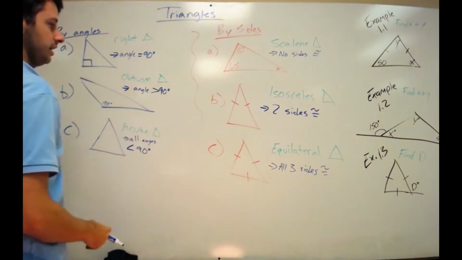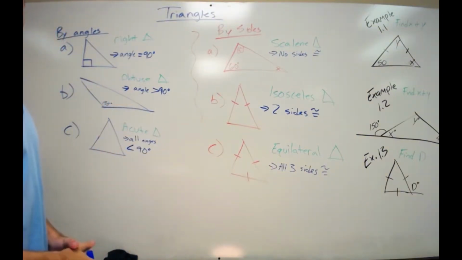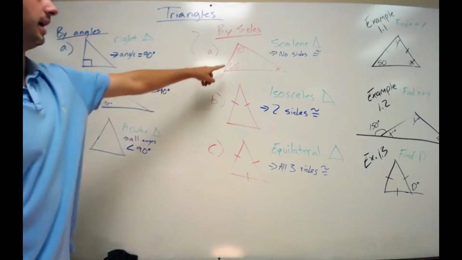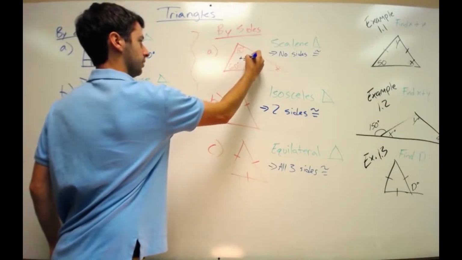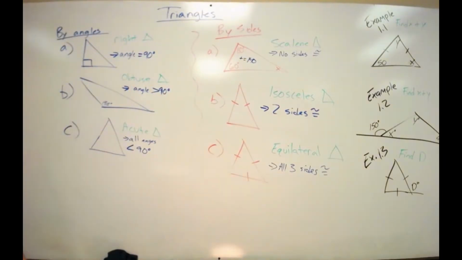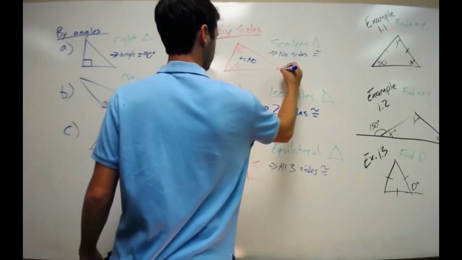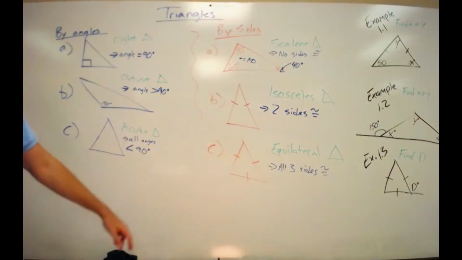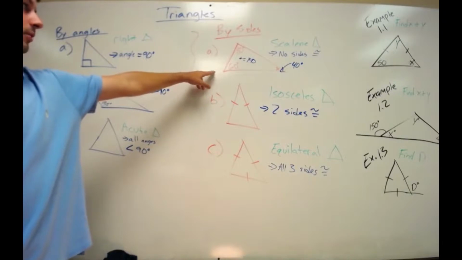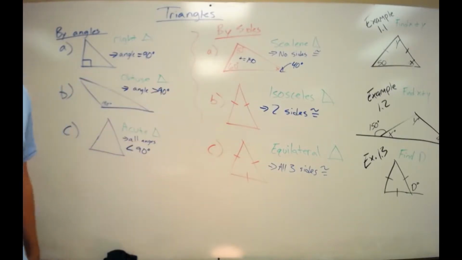Well, we know that in a triangle, all three angles must add up to be 180 degrees. 80 plus 60 equals 140. So therefore, this angle would be 40 degrees, for them to equal 180, and none of those three angles are the same. So therefore, no sides are congruent. That would make it a scalene triangle.